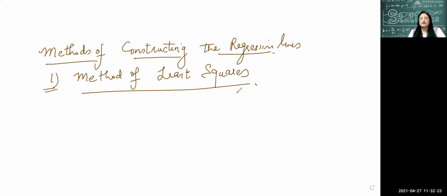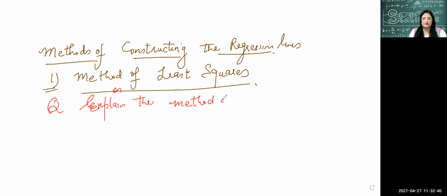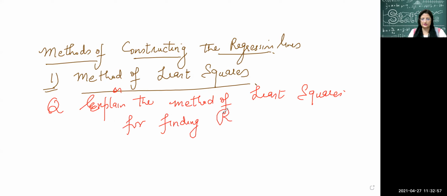This article comes as it is in exams: explain the method of least squares to construct the regression lines, right? You can write the question also, and then explain the method of least squares for finding or constructing regression lines.